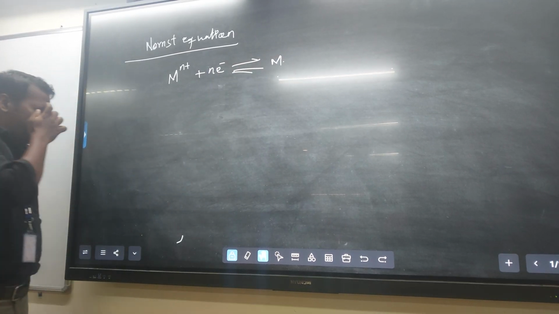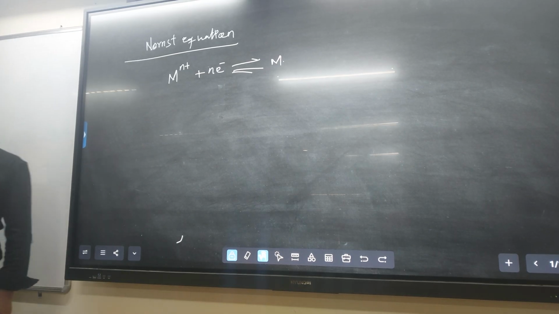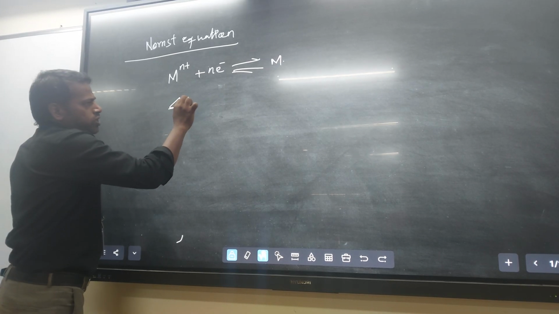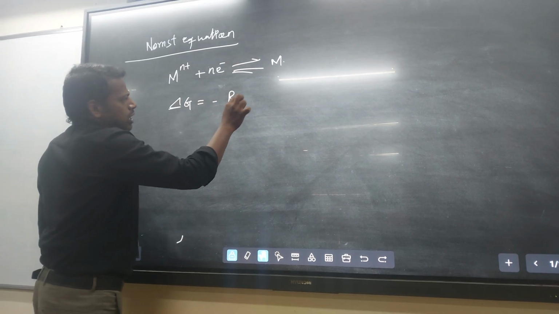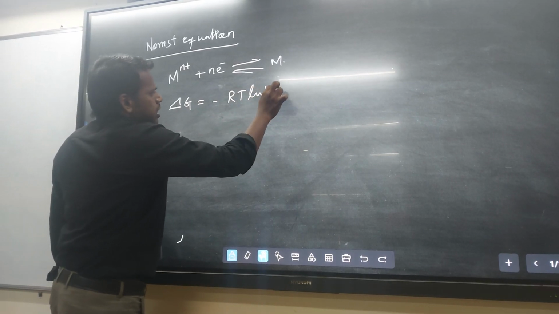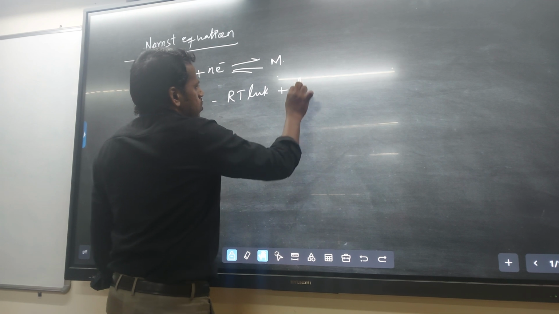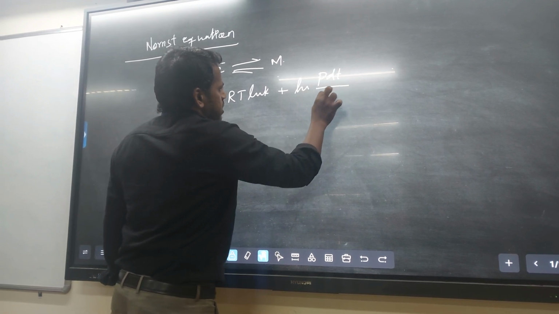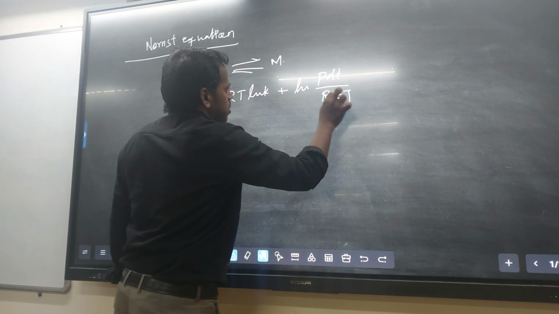So this is a redox reaction. What is the free energy of this reaction? That free energy delta G equal to minus RT ln K plus ln of product by reactant, right?